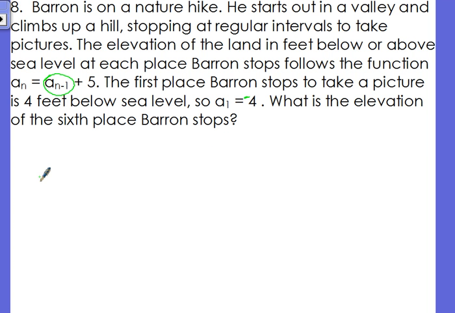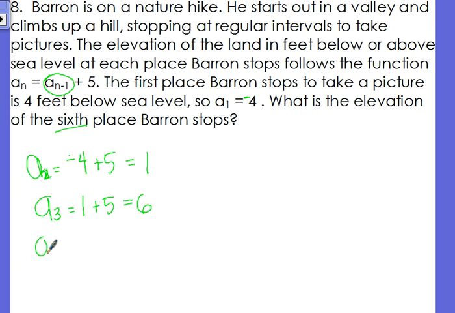So the first stop, we're looking for the 6th place he stops. His first stop would be just by plugging in my a sub 1, which is negative 4. Actually, to find his second stop, I'm sorry. His first stop is at negative 4. Then I would plug in negative 4 plus 5, so his second stop is going to be at 1 foot. His third stop would be at 6.